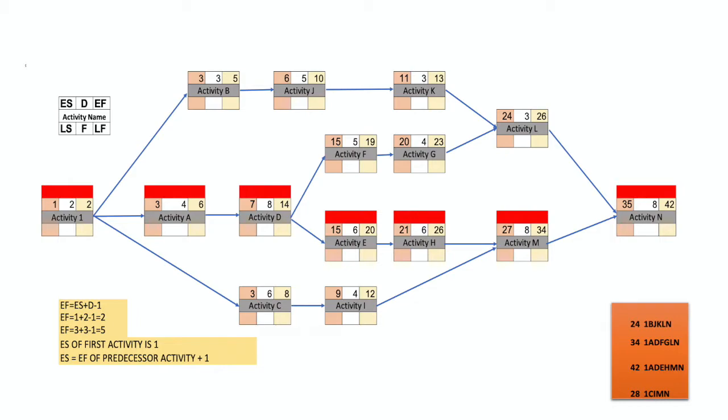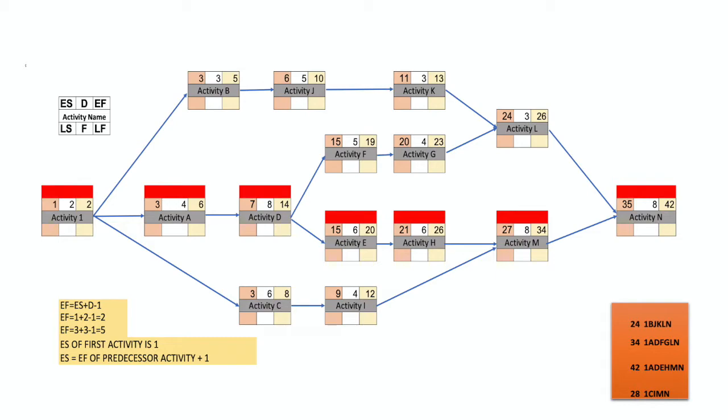When we are doing the forward path method, we use the bigger value. For early start, we have two activities, activity K and activity G. We cannot start activity L until both K and G are finished.